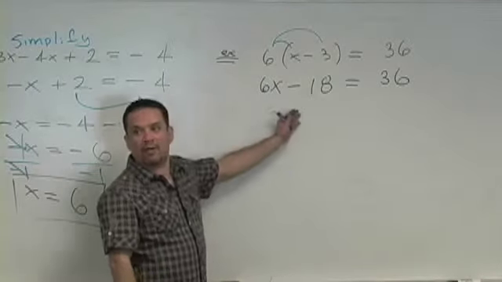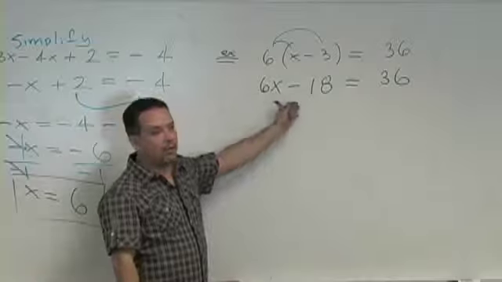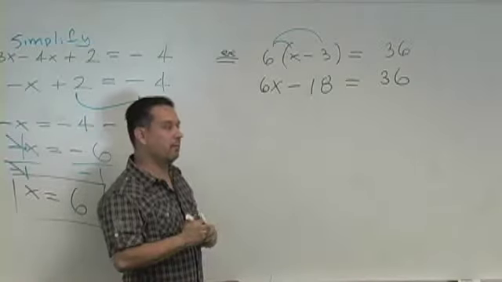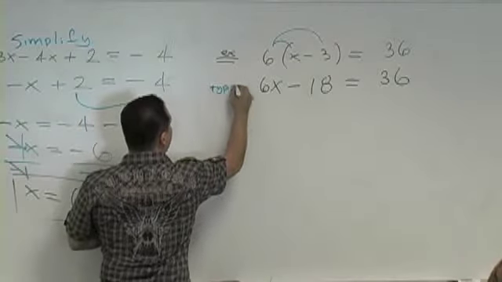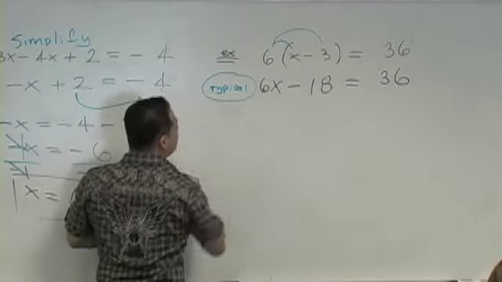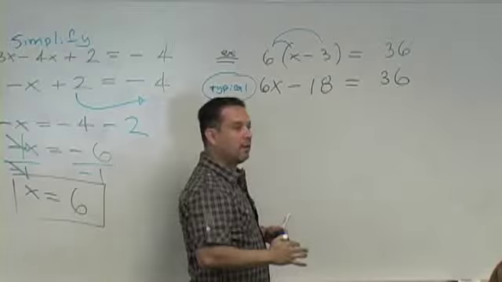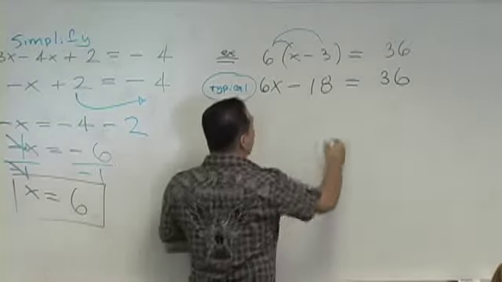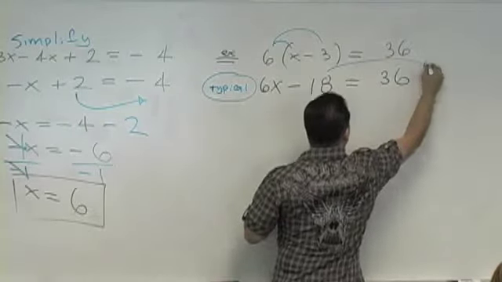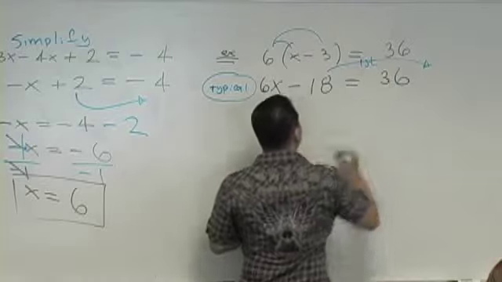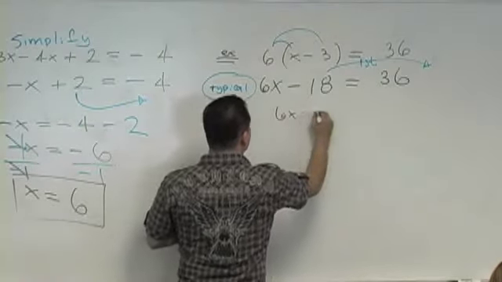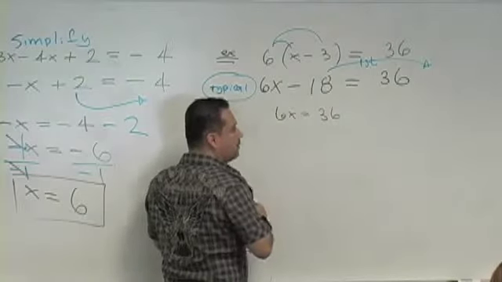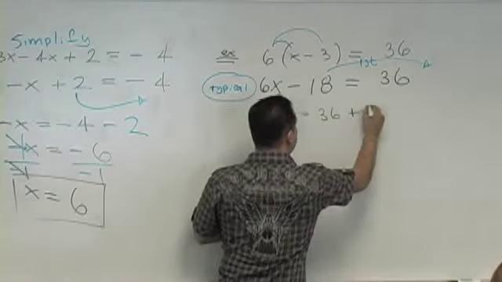And now, can you combine like terms? No. Now it looks like that typical problem. So, in your mind, when you see that typical situation, you solve it in the way you typically solve it. Translate your 18. Do that first. You get 6x equals 36 now, plus what?